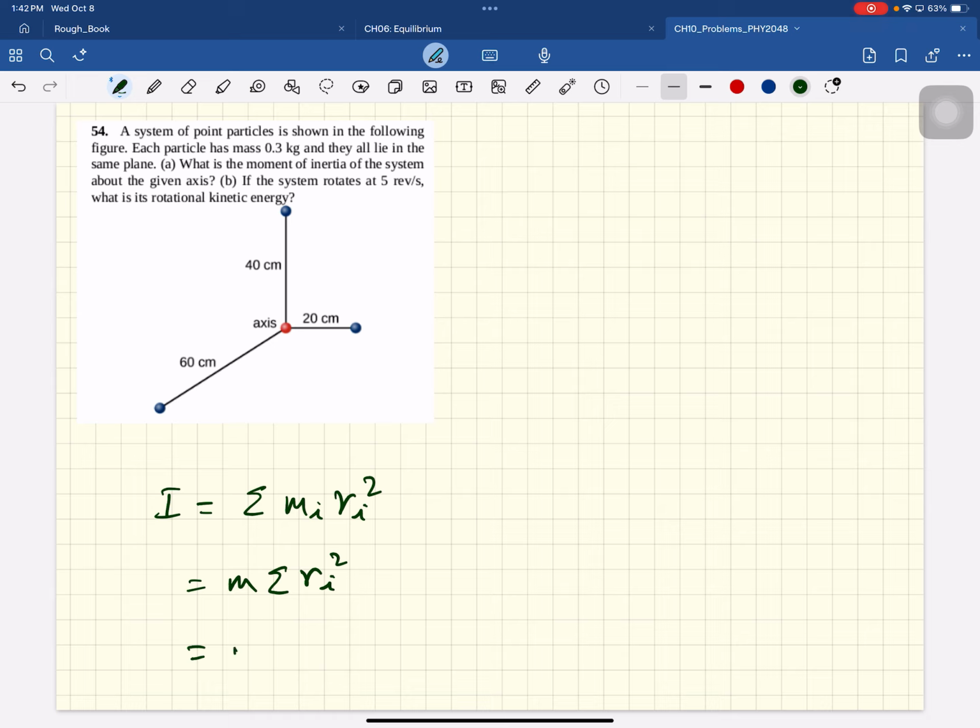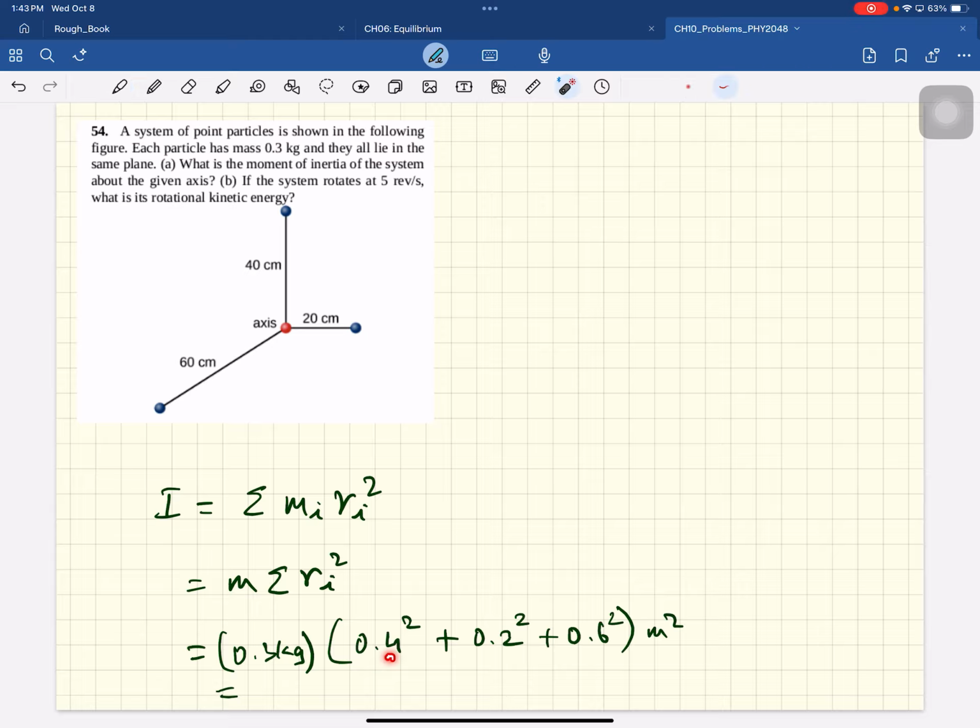The mass is 0.3 kg, and the distances are 0.4 meters squared plus 0.2 meters squared plus 0.6 meters squared. So this is 0.16, 0.04, so 0.2, 0.56.